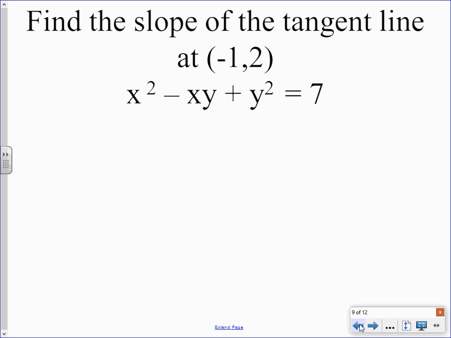Derivative. When you see slope of the tangent line, you should automatically think, I need to find the derivative. Now, our function is x squared minus xy plus y squared equals 7. So how must we find the derivative? Implicitly.